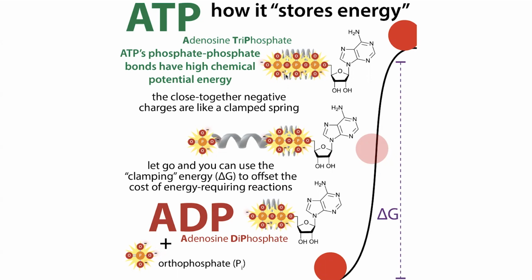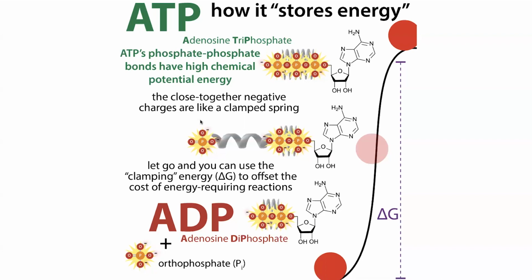Basically, the more uncomfy a bond is, the more potential energy it has. If you think of these phosphate groups, in a triphosphate you have these 3 negatively charged groups that are held closely together. Negative charges repel one another, and so this is going to be really uncomfy, kind of like a clamped spring. Now, if you were to break it, kind of like unclamping the spring, you're going to be relieving some of that uncomfiness.